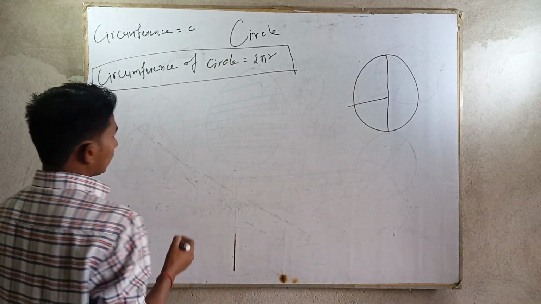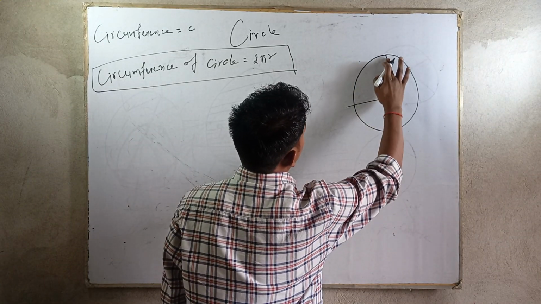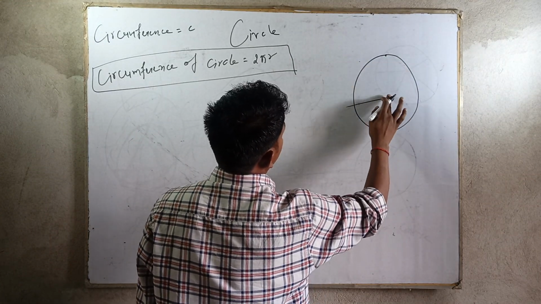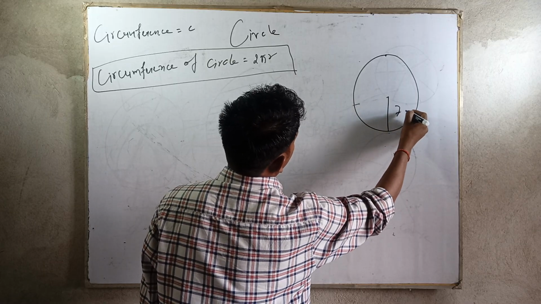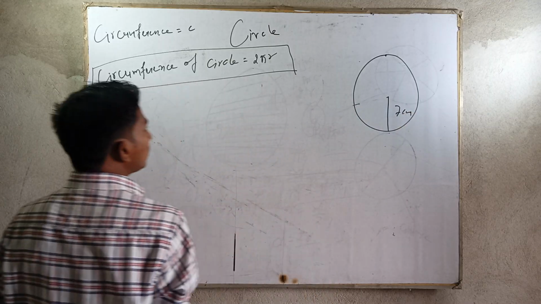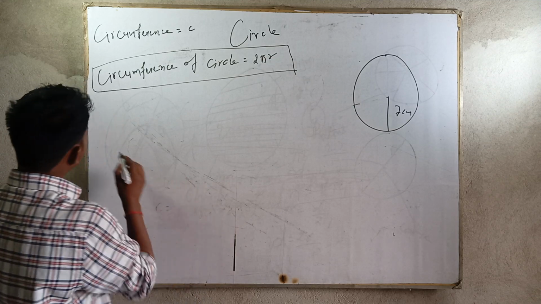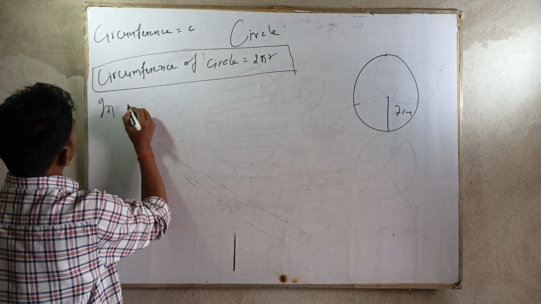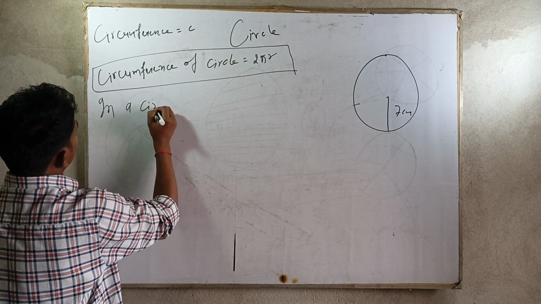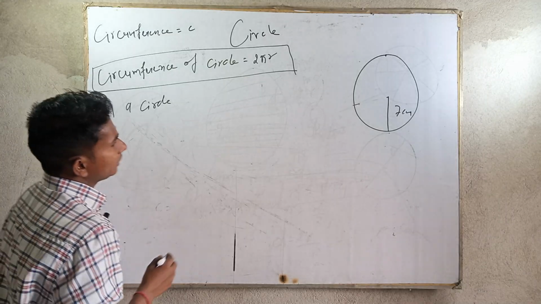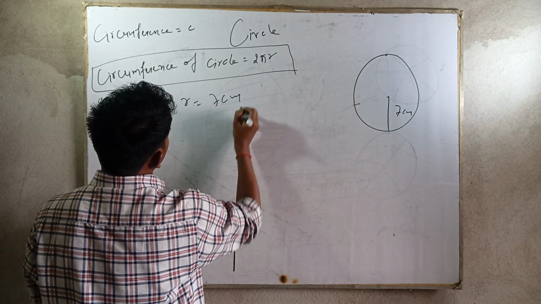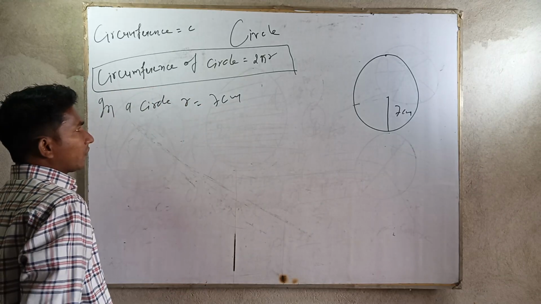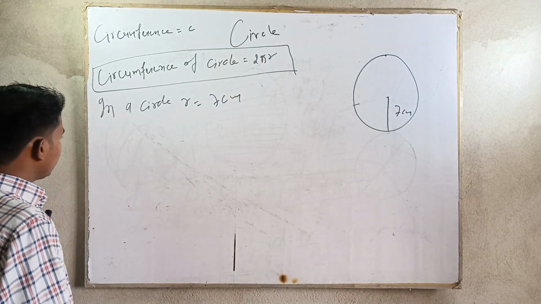Suppose it is given that r equals 7 centimeters in a circle, then find the circumference of the circle.